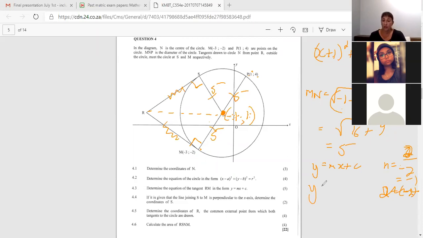So y equals minus x plus c, and then I need the opposite gradient for RM, right? So if I found this gradient, then this will be the opposite of minus 1, which is plus 1. Okay, so it's a plus. Plus 1x plus c, and then I can sub in my point.